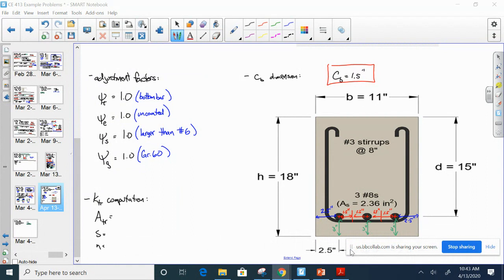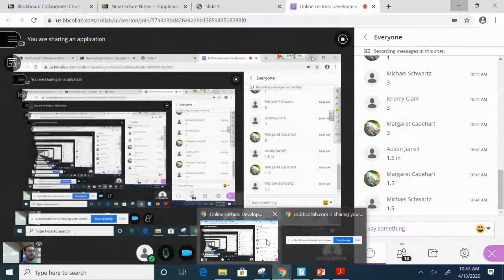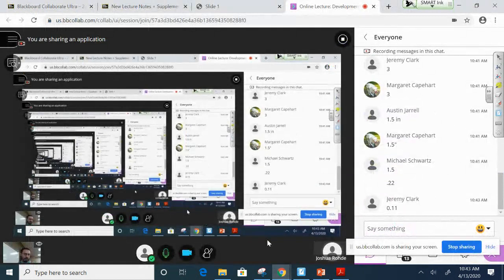So we're using number 3 U-shaped stirrup. If I'm using a number 3 U-shaped stirrup, does anybody remember what the area is of a number 3 U-shaped stirrup? It's 0.22. Now what Jeremy said, 0.11. 0.11 is the area of a single number 3 bar.